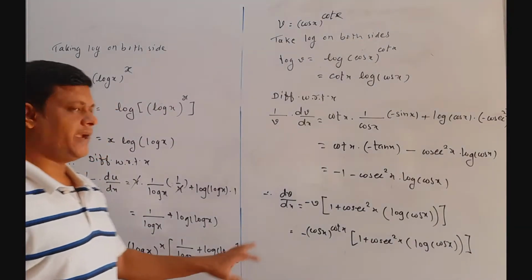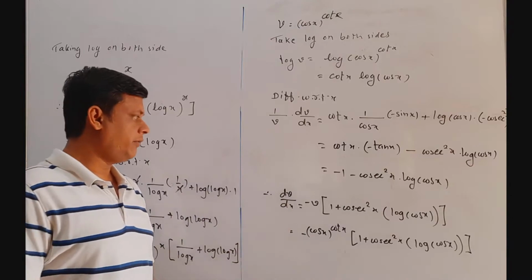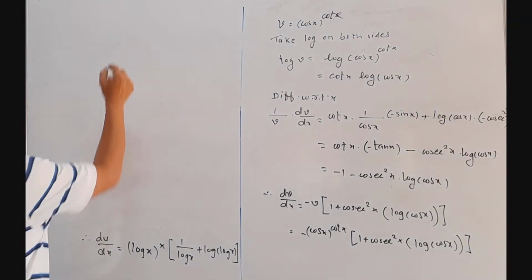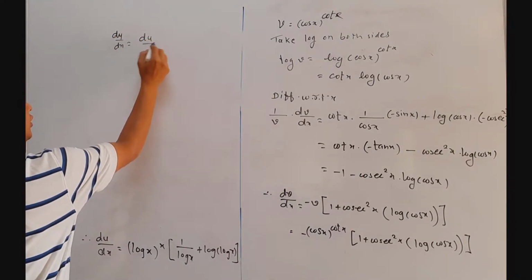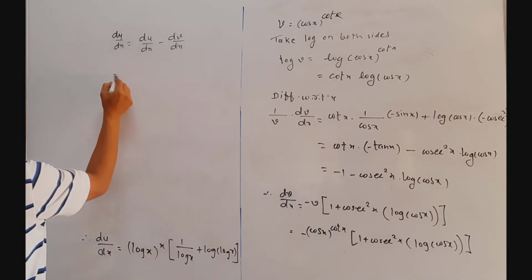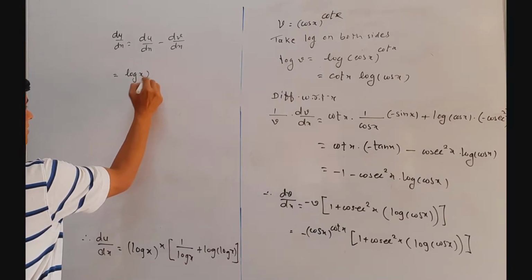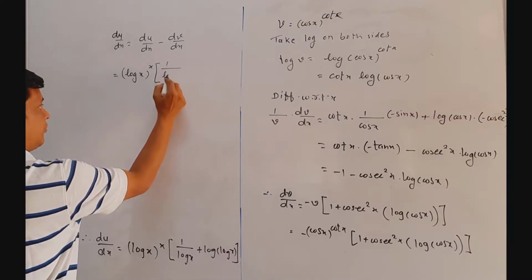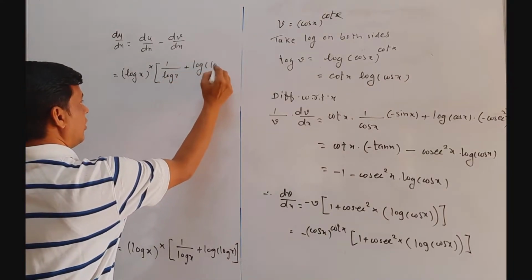Now we have to find dy by dx with the help of this du by dx and dv by dx. So right here dy by dx is equal to du by dx minus dv by dx. Now du by dx is (log x) raised to the power x into (1 upon log x plus log of log x).